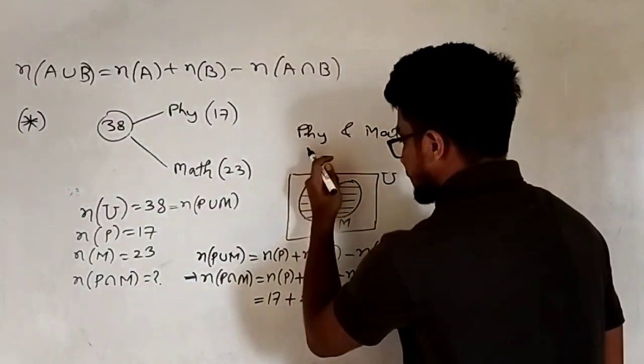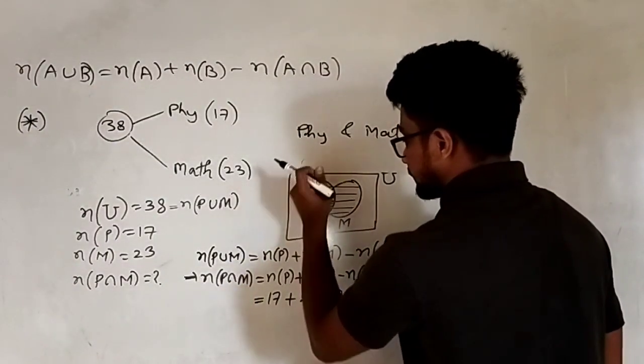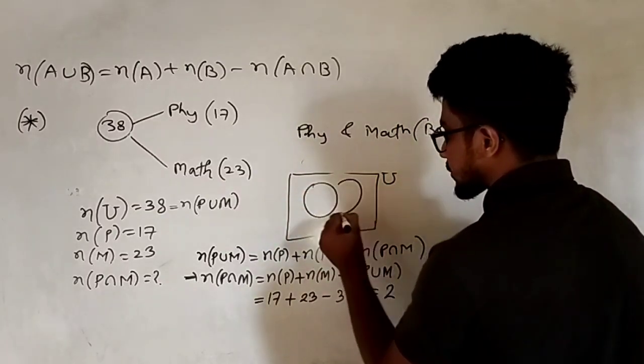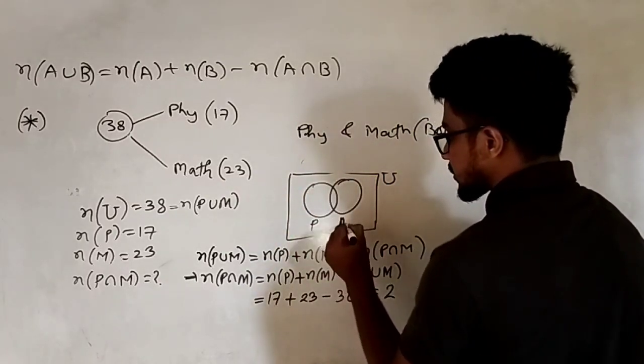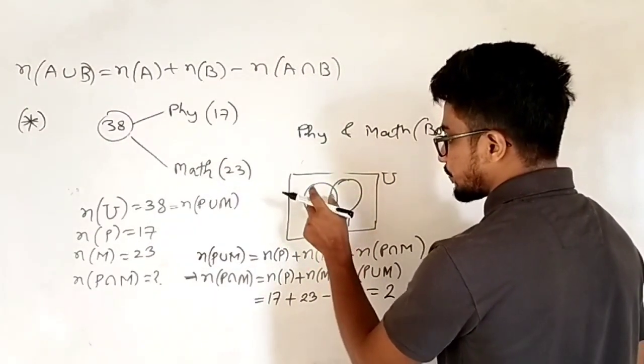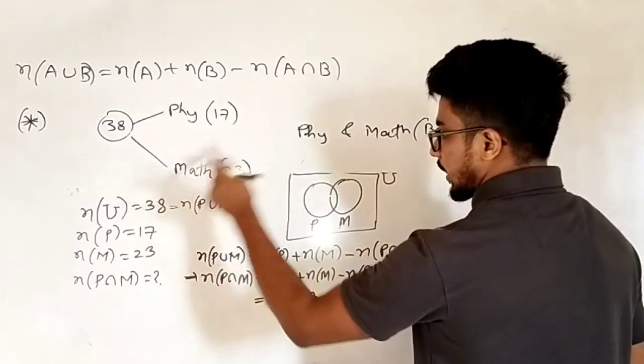Let's see how we can express it in a Venn diagram. Suppose this is for physics, this is for maths, and the total number of students, that means P union M, is 38.